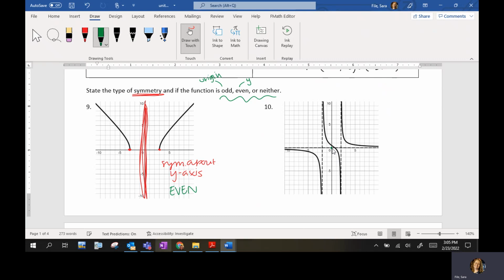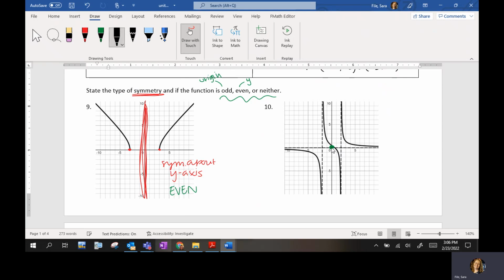So technically, I didn't even catch that. Technically, that point there is not at the origin that it goes through. So really, this has no symmetry. But when I included this, I thought it was going through the origin. So we're going to pretend, so I can show you this as an example, that this graph in the middle, this curve, goes through the origin. Okay, so just play along with me on that.